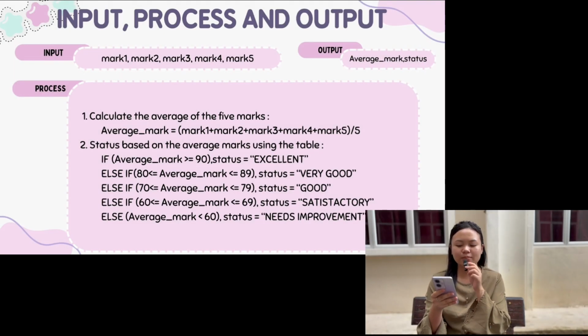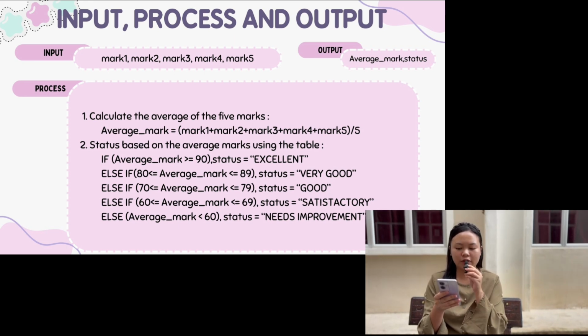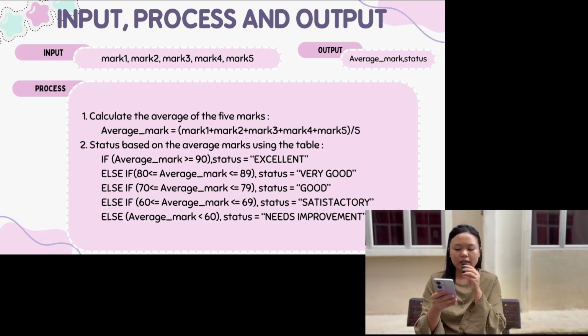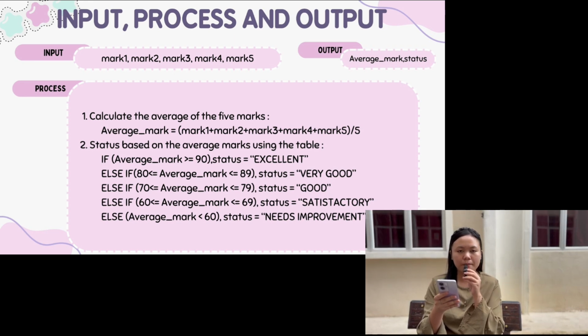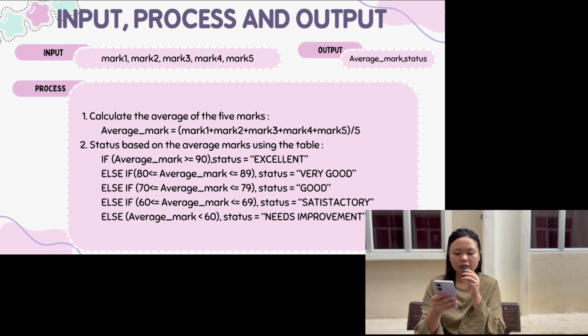So next, the input, process, and output. First, input: Mark 1, Mark 2, Mark 3, Mark 4, and Mark 5. For the process, first, calculate the average of the 5 marks: average mark equals Mark 1 plus Mark 2 plus Mark 3 plus Mark 4 plus Mark 5, over 5. Second, status based on the average mark using the table. If average is more than or equal to 90, status is excellent.